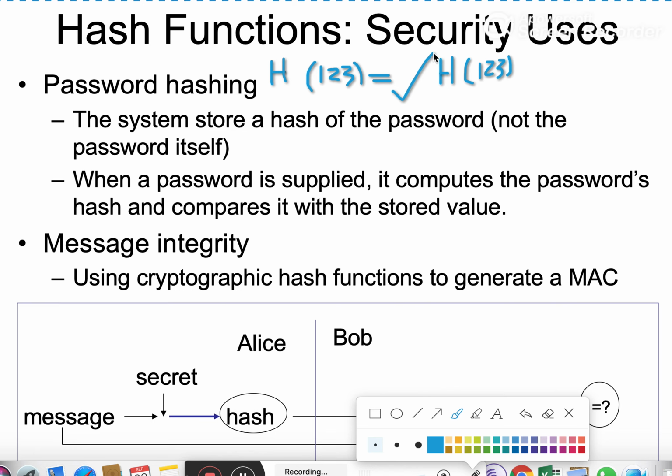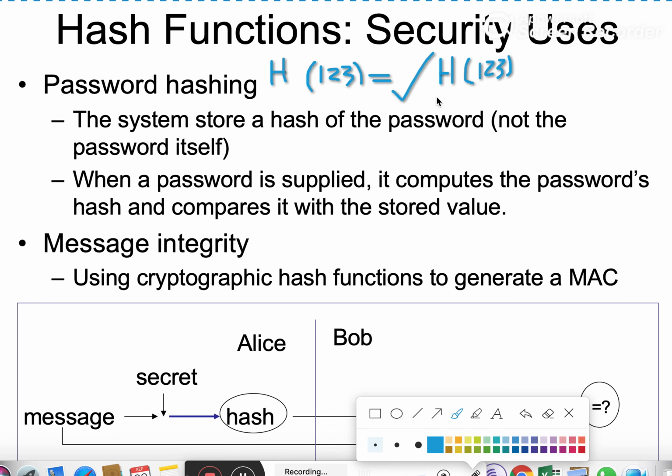So whenever a password is given by a user, the system computes its hash and compares it with the stored value. If the calculated hash and stored hash are the same, the user is considered to be an authenticated user. Okay, we will discuss more about it in the next chapter when we study user authentication.